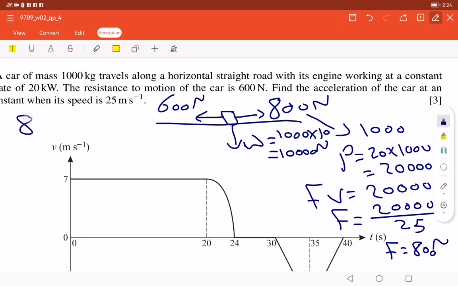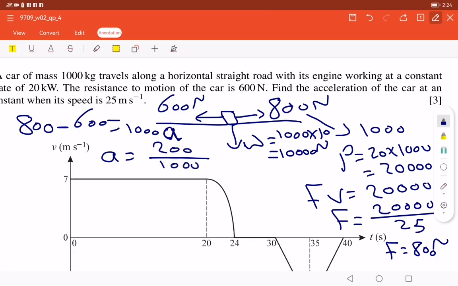It means the force of the engine minus the resistance 600 equals the mass of the car, 1,000, multiplied by the acceleration A. To find A, subtract 800 minus 600, which gives 200, divide by 1,000. So the acceleration of the car equals 0.2 meter per second squared.